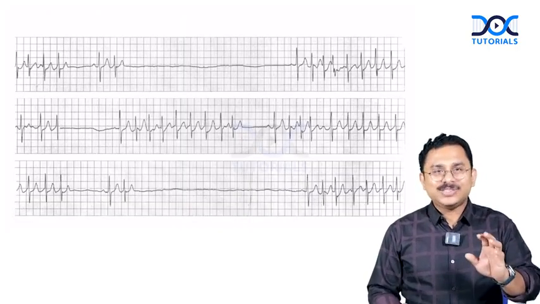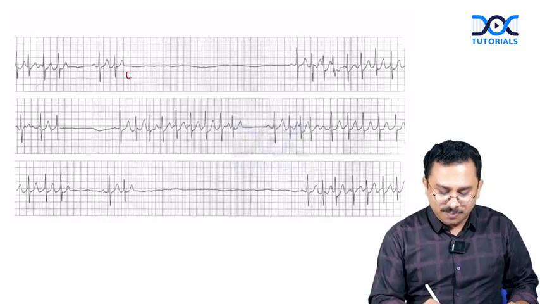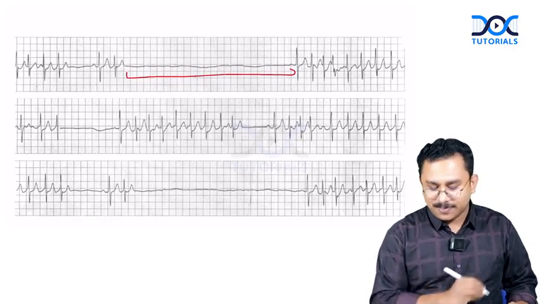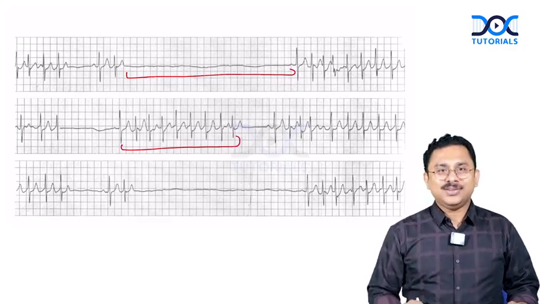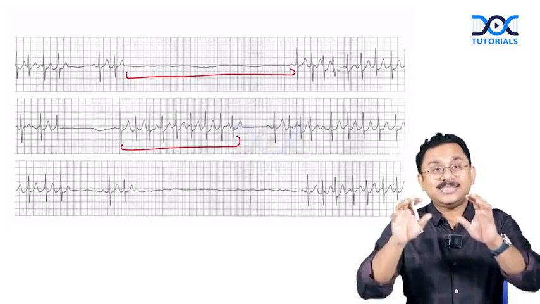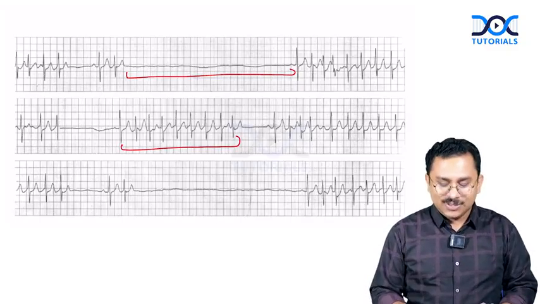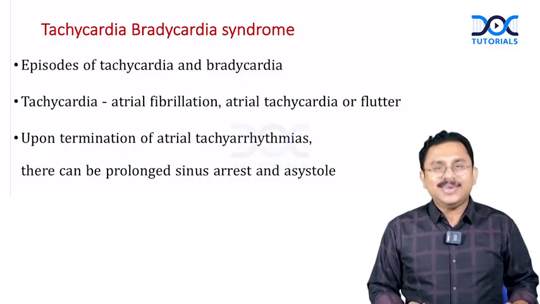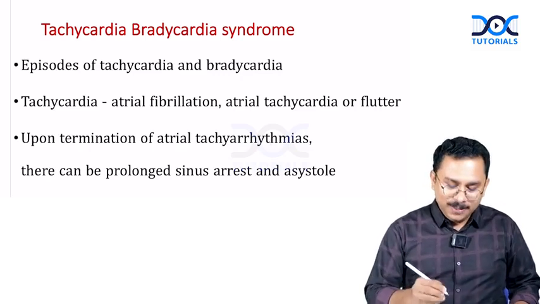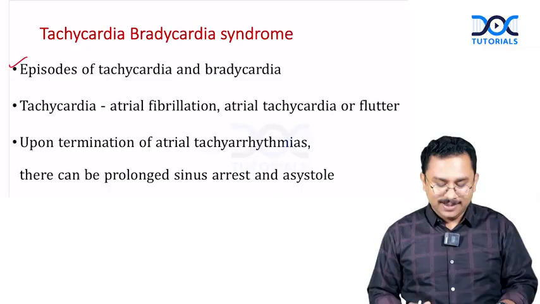Now if you scan through this ECG, you can see periods of pause, no doubt about it, and periods of tachy as well. So I've got brady and tachy in the same ECG, right? So what is this known as? This is called tachycardia bradycardia syndrome. In a tachycardia bradycardia syndrome, you are having episodes of tachycardia and bradycardia.